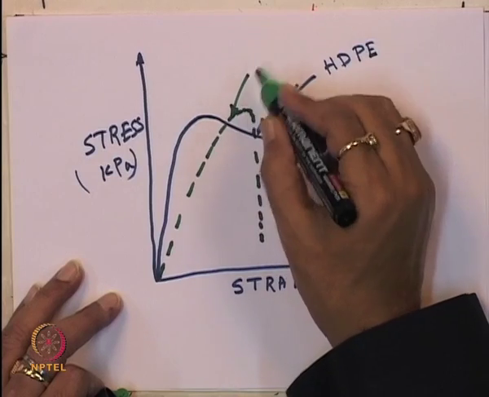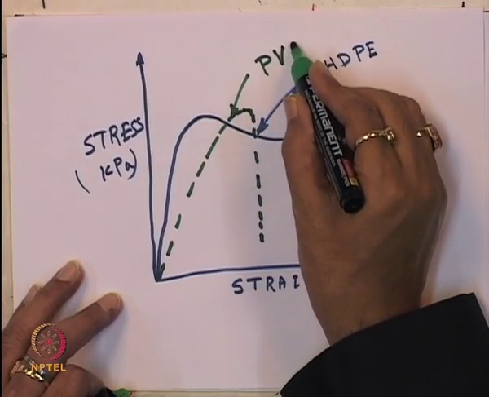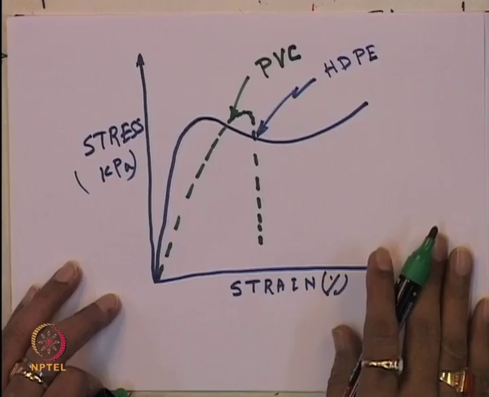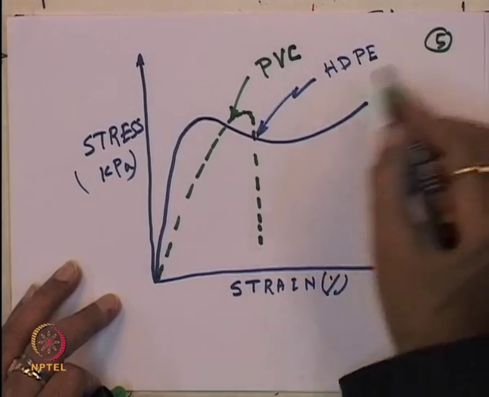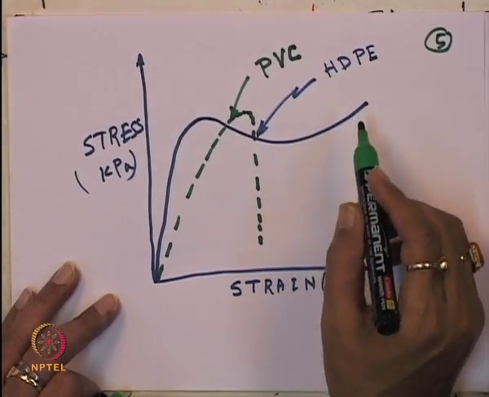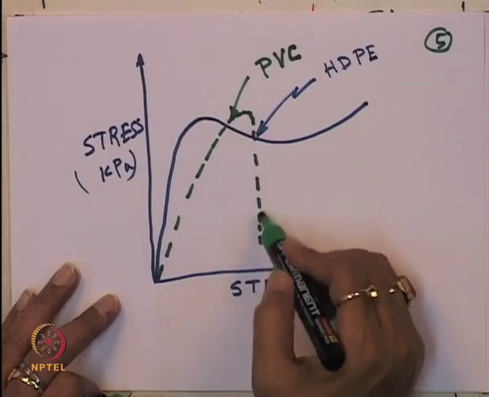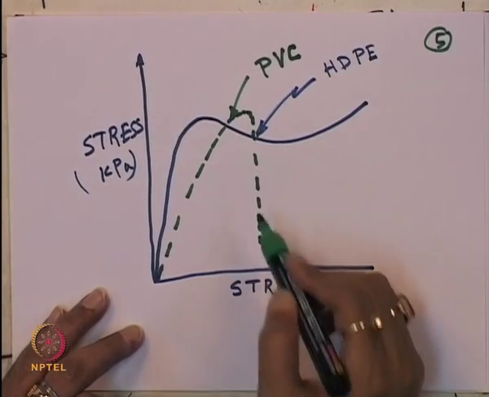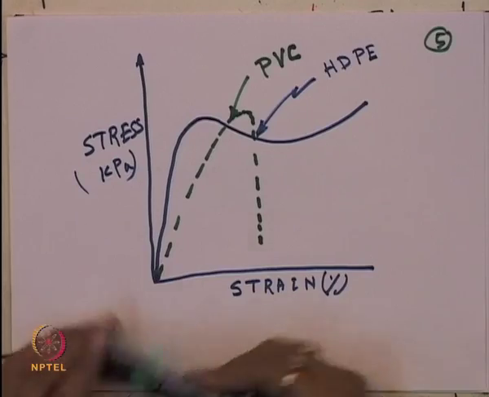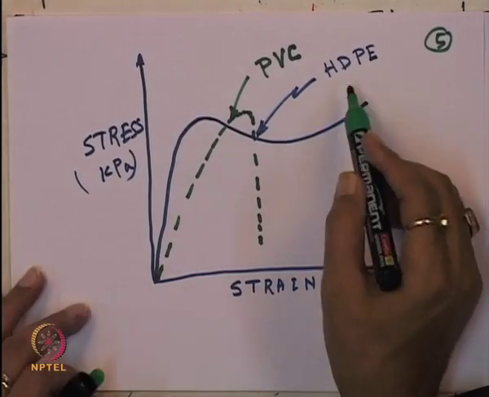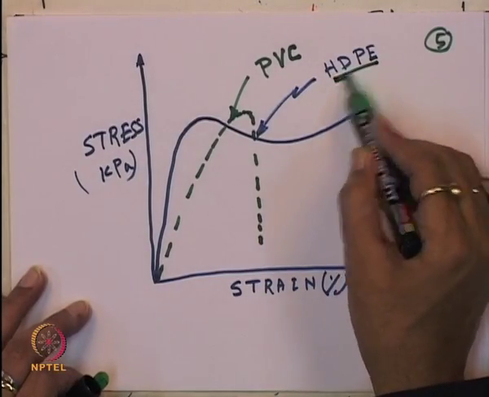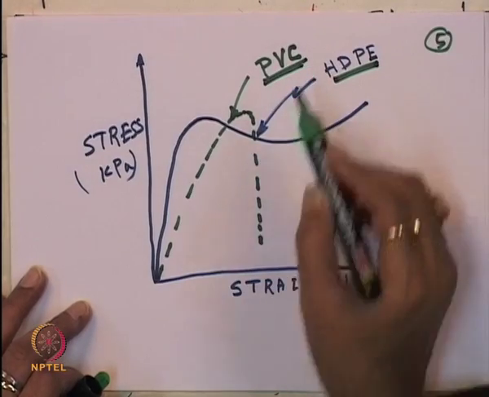So this is the kind of material you can say is PVC, which you call polyvinyl chloride. This also shows brittle behavior, that means sudden failure. So you can see there are two types of material, one is the HDPE, another is the PVC.